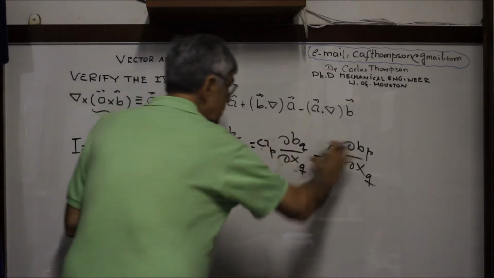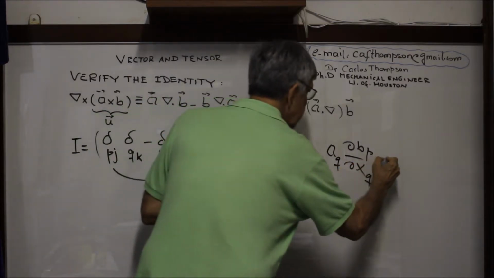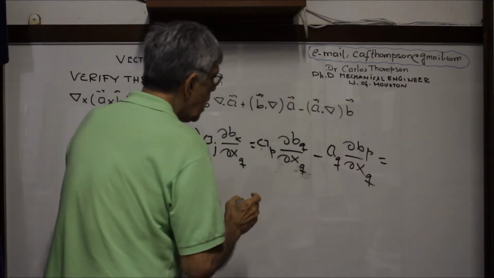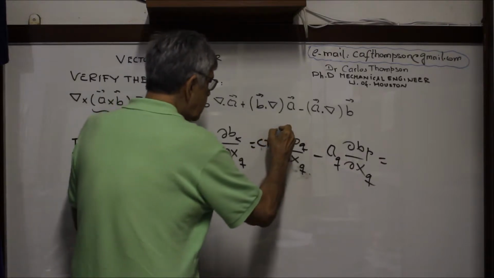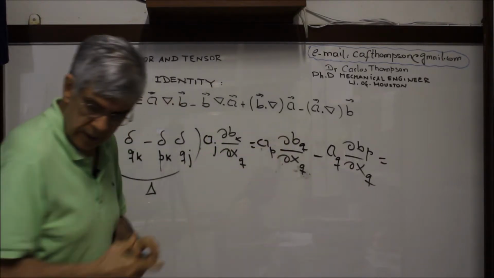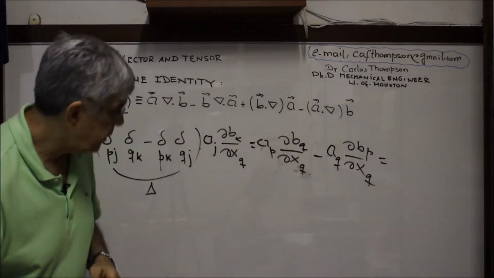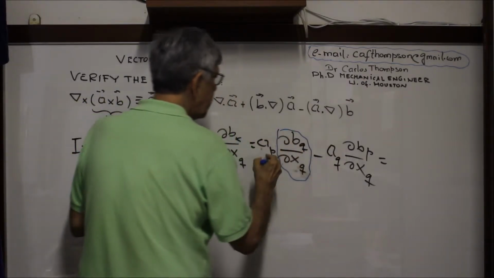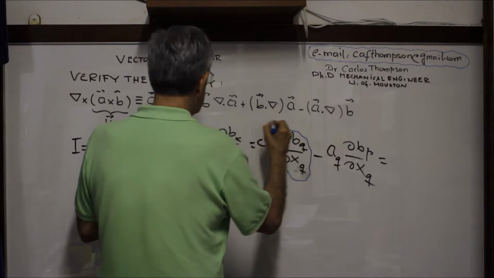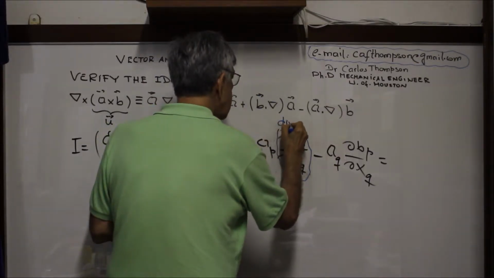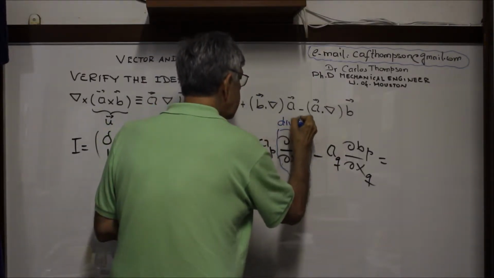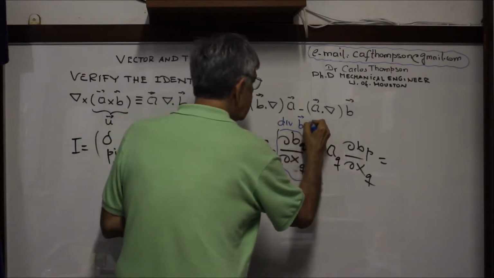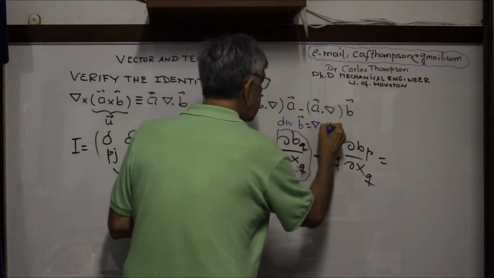Now here we can see what's going on here. Look. Now this term over here, let's put the blue one. You see, we can see here that this term is the divergence of b, because this is nabla dot b.